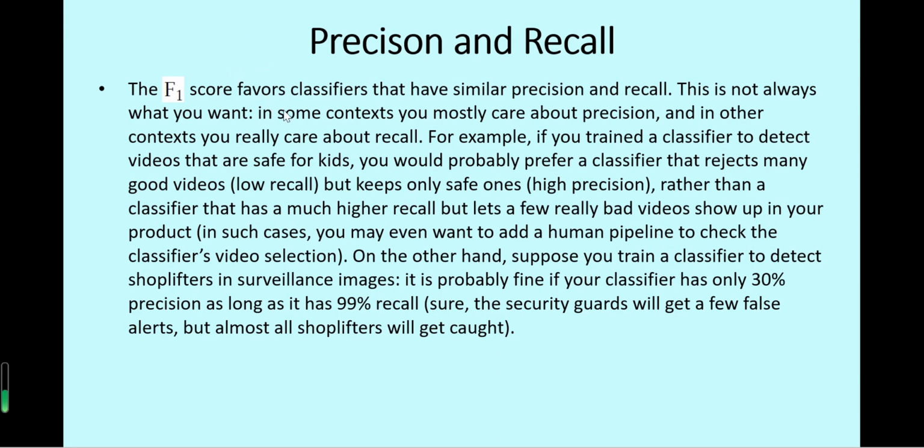So the F1 score favors classifiers that have similar precision and recall, but this is not always what you want. In some contexts, you mostly care about precision, and in other contexts, you really care about recall. For example, if you train a classifier to detect videos that are safe for kids, you would probably prefer a classifier that rejects many good videos, low recall, but keeps only safe ones. Because kids are very vulnerable, we have to keep them safe.